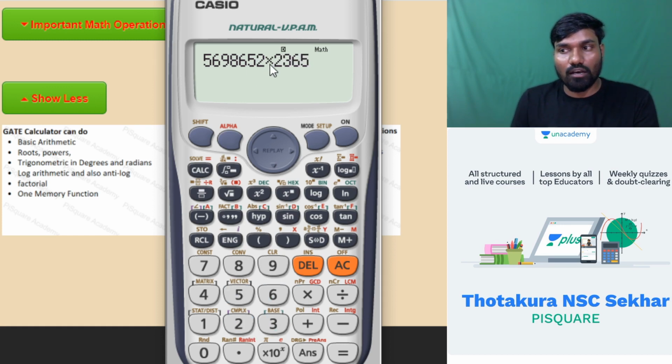If you want to change this operation from multiplication to division, I can do it through arrow keys. That's not there with the GATE virtual calculator. These are the basic things. I think now you got a basic idea of what the scope of the virtual calculator is, and what is not.